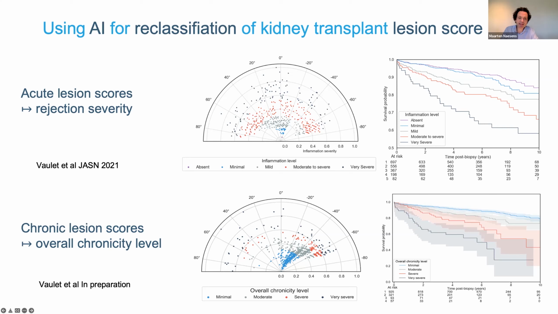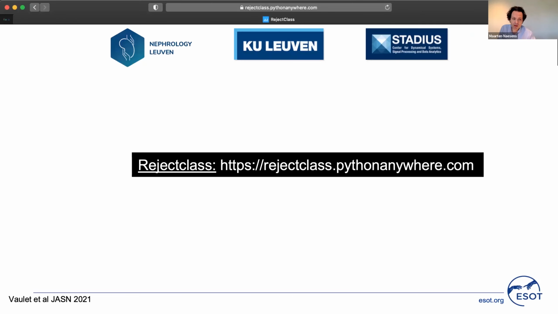And this is independent of the acute lesion scores. So again, this is a way to mathematically reclassify kidney transplant biopsies to hopefully one day be able to classify the cases not only according to the cluster or the actual diagnosis, but also on the severity of the rejection.